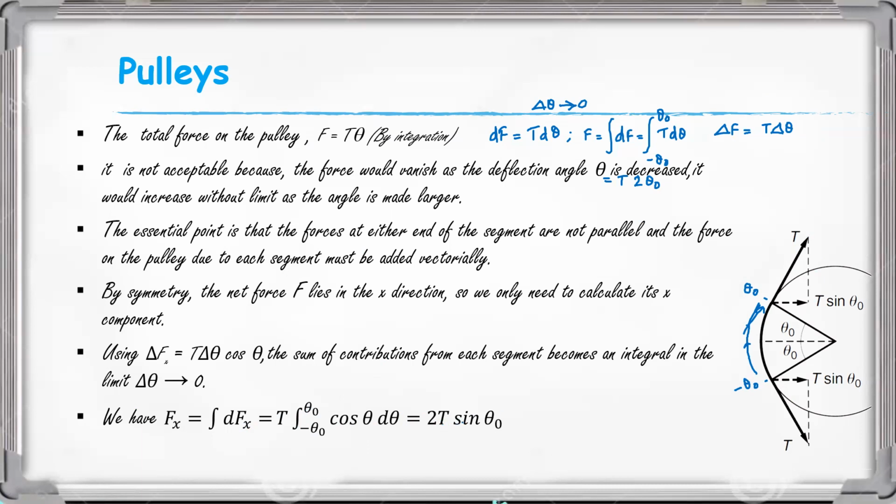When we integrate that, the integral of cos theta is sin theta in the limit minus theta 0 to theta 0, that is equal to sin theta 0 minus minus sin theta 0, which gives 2 sin theta 0. 2 sin theta 0 into T is equal to 2T sin theta 0.